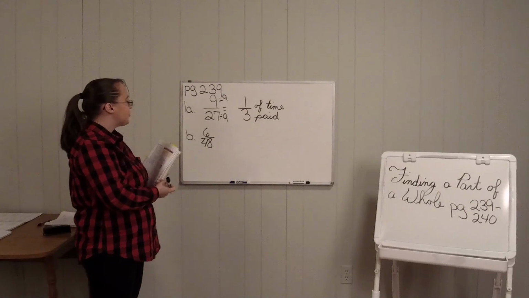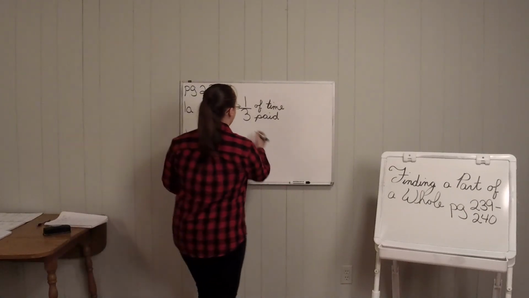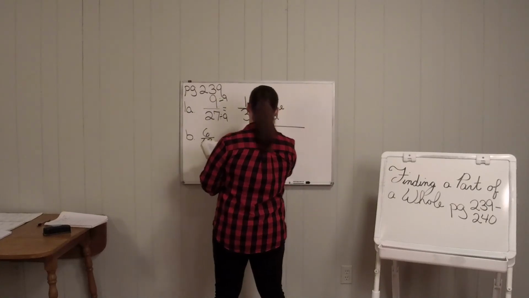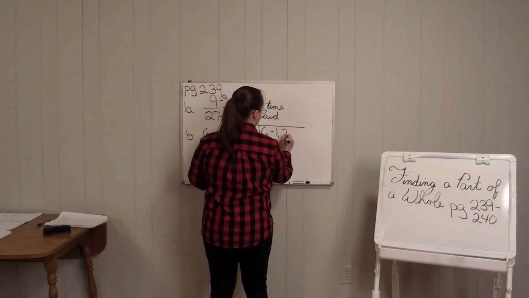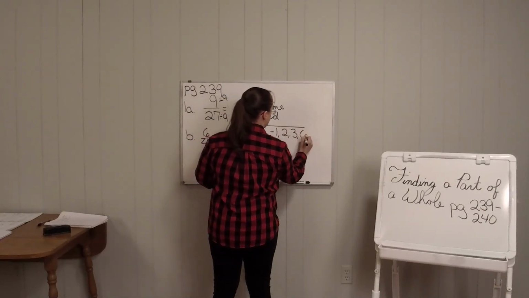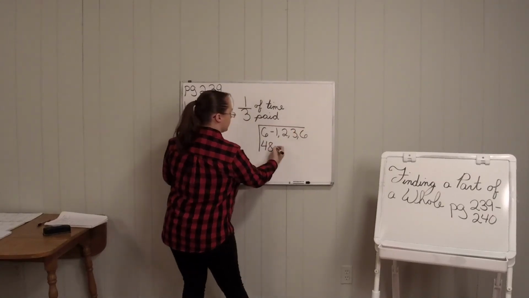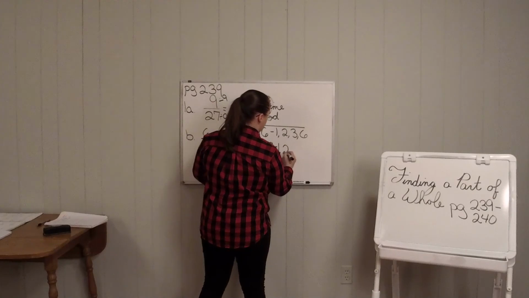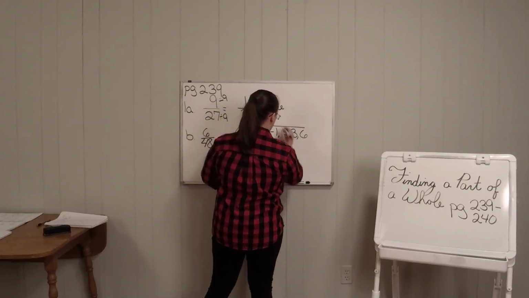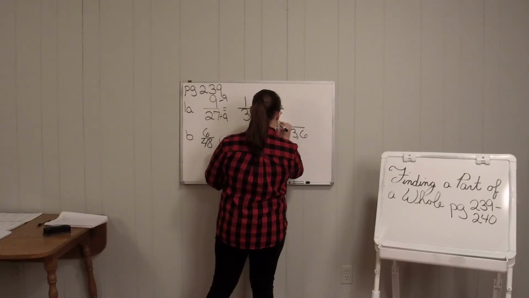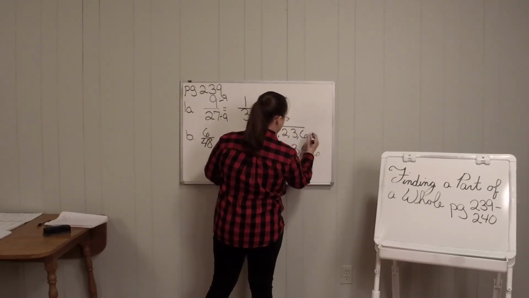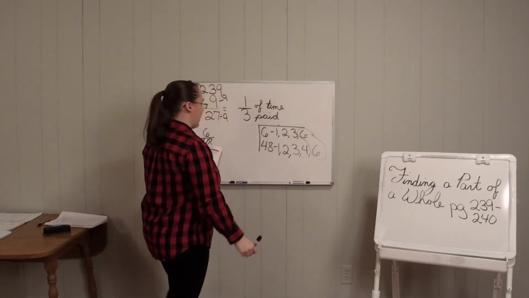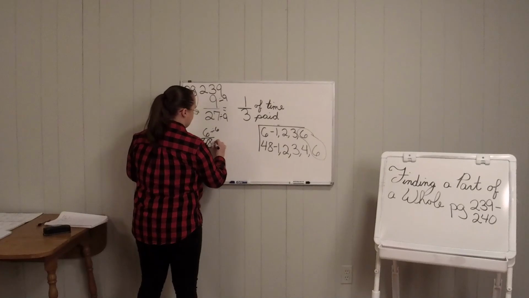Remember, when you find the GCF, you're writing the multiplication facts down. 1, 2, 3, 6. 1 times 6, 2 times 3 equals 6. 1, 2, 3, 4, 6. 6, the greatest common factor, you're going to divide by 6.